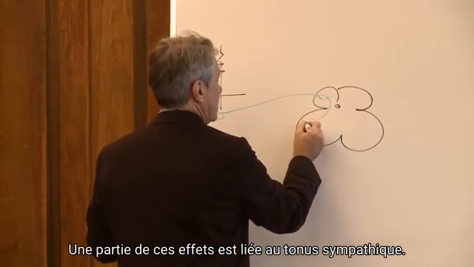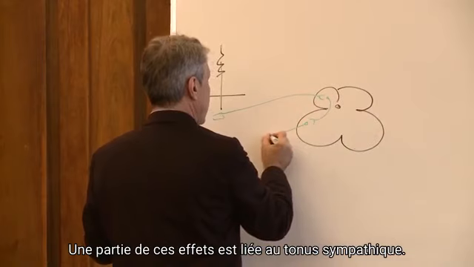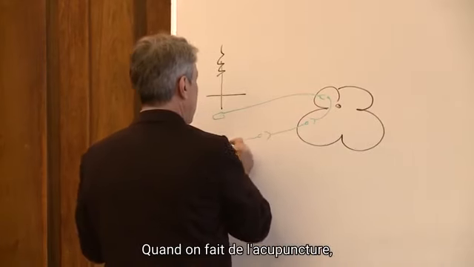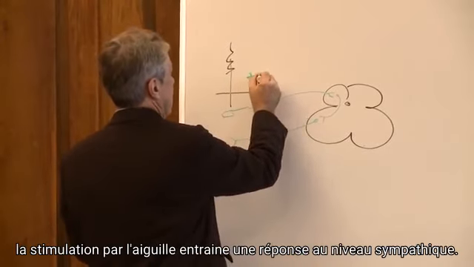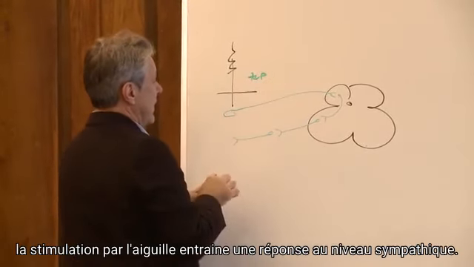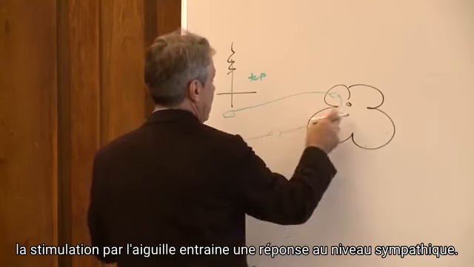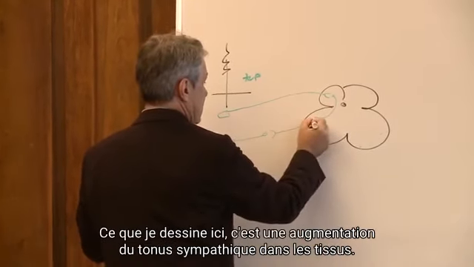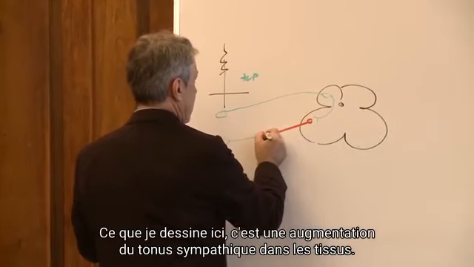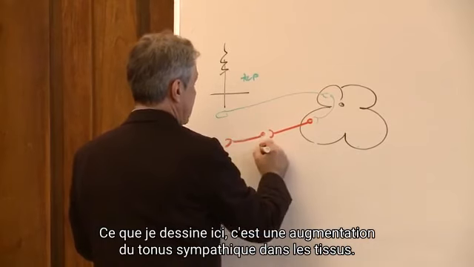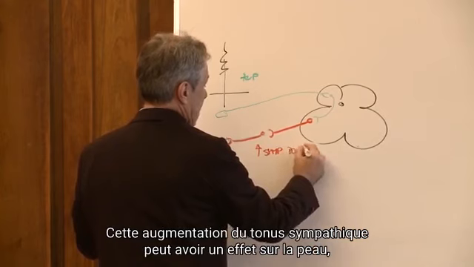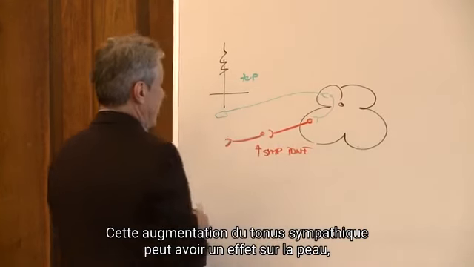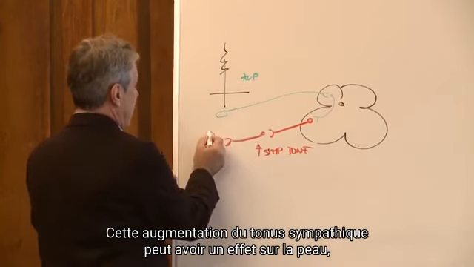Part of these effects are related to sympathetic tone. So what we're going to see is that when we do acupuncture, the acupuncture stimulation is going to trigger a sympathetic response. So what we have here is that we're going to find an increased sympathetic tone in the tissue. And this increased sympathetic tone may affect the skin.